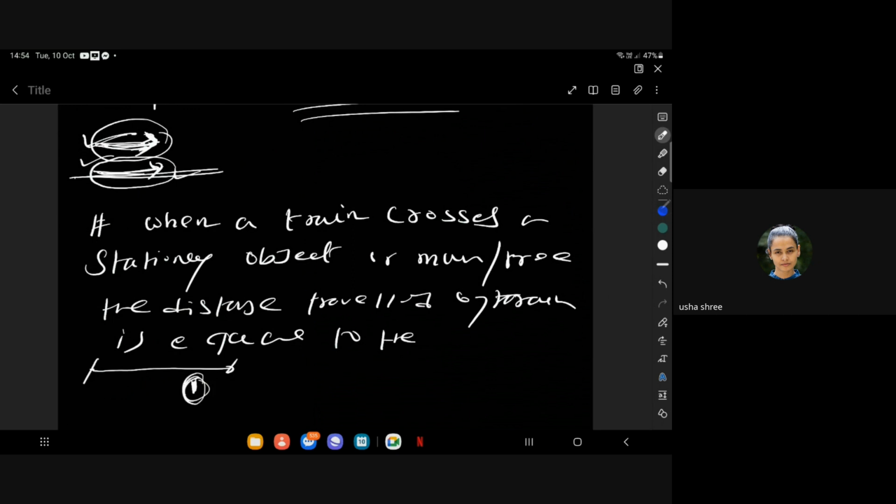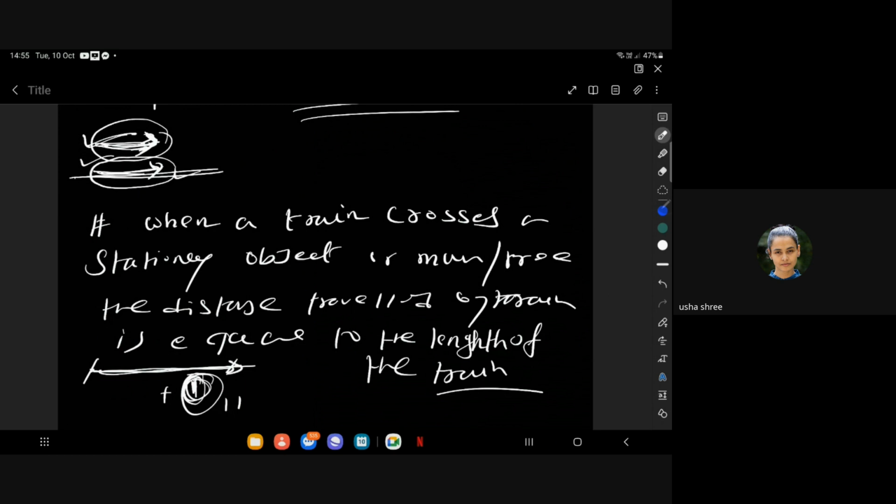An object means negligible. A man or tree is maximum 1 or 2 feet, so it will make no difference. That's why we neglect it. So it will be equal to the length of the train. Actually, distance means the length of the train plus the length of this stationary object, man, tree, anything, or it may be a milestone also.